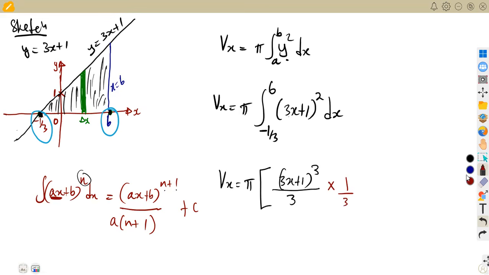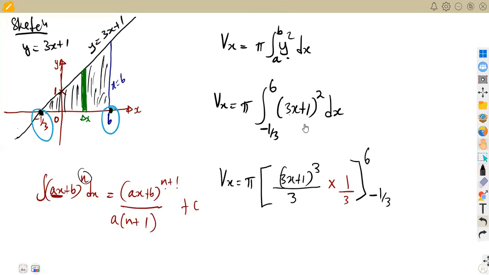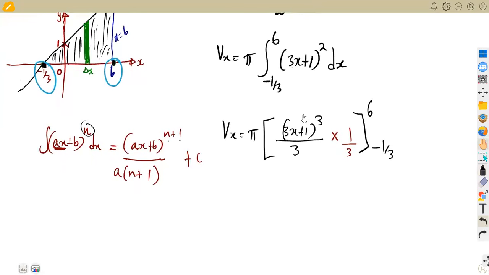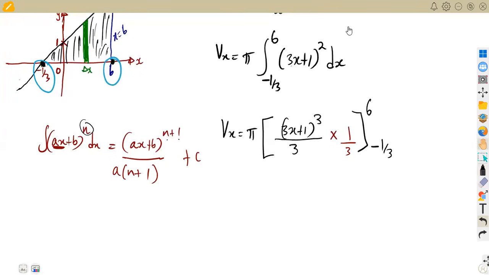That is what we're supposed to have in actual sense. All right, so this is having the limits 6 and minus a third in this case. So that is how we can simply integrate this. Like I said, you can expand the brackets, still it's fine. You're going to obtain the same answer, expand your brackets, integrate each and every term. So here we just integrated directly by knowing this formula.